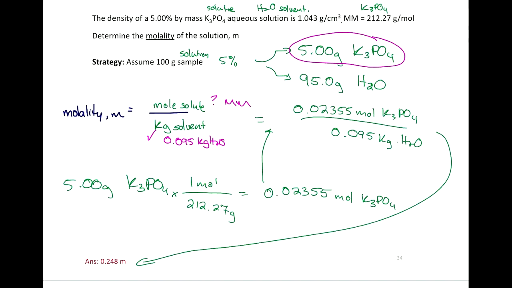So when given mass percentage and you want to convert to a different concentration unit, the best thing to do is start with an amount of solution, and the easiest is to assume we have 100 grams of that solution, so we get some nice numbers to work with for our mole conversions. Okay, so let's do another one.